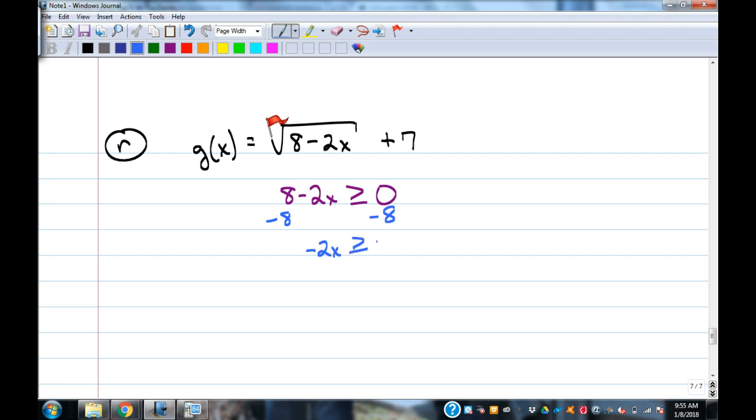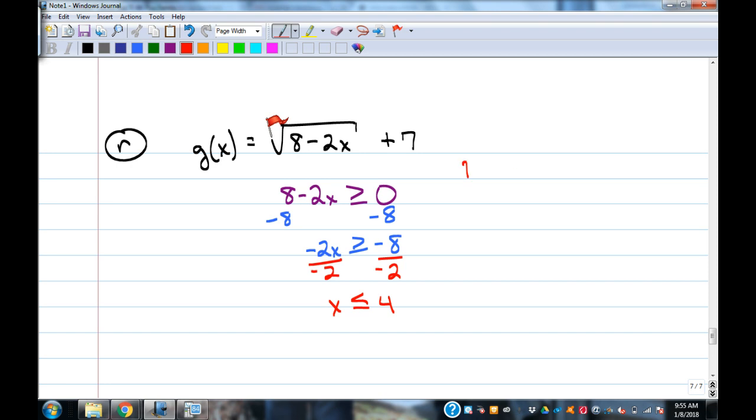Negative 2x is greater than or equal to negative 8. And then divide by negative 2. And what do I have to do if I divide by negative 2? Flip my symbol around so that x is less than or equal to 4. We had to flip that symbol because we divided by a negative.